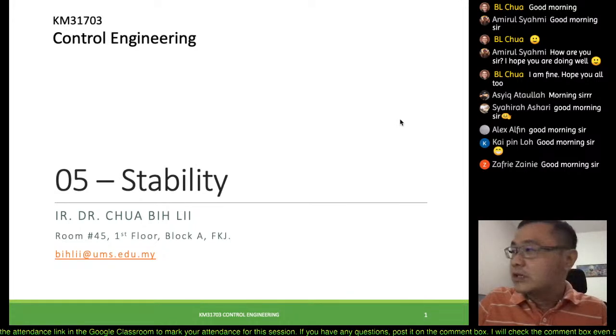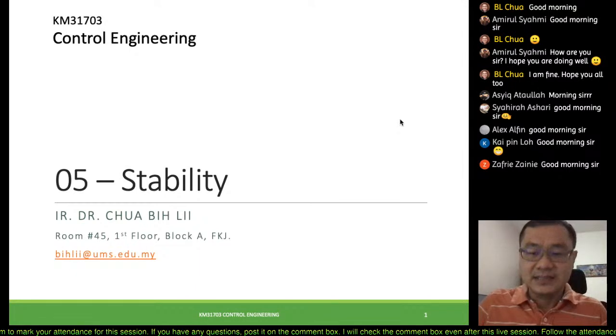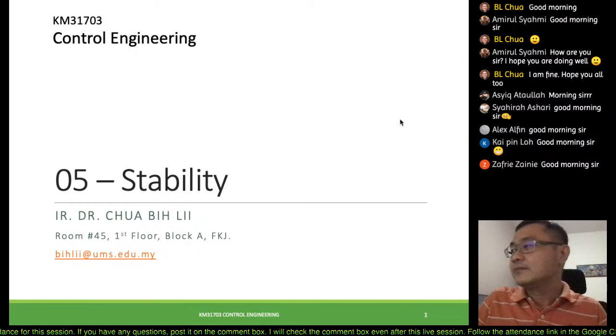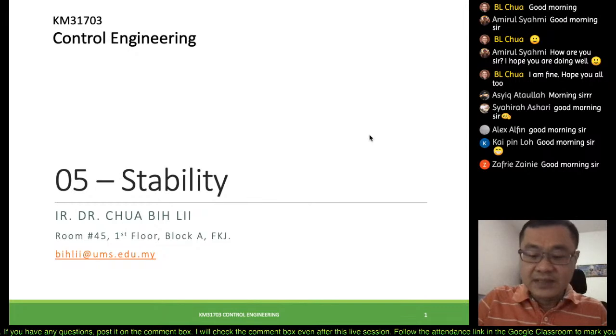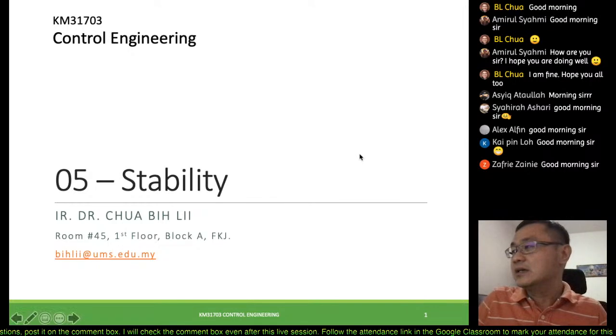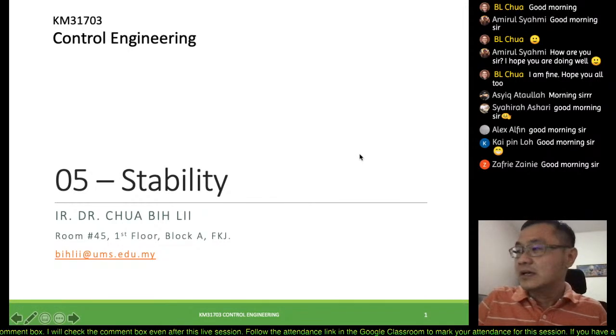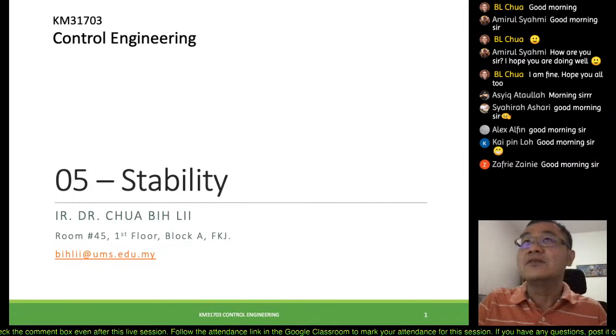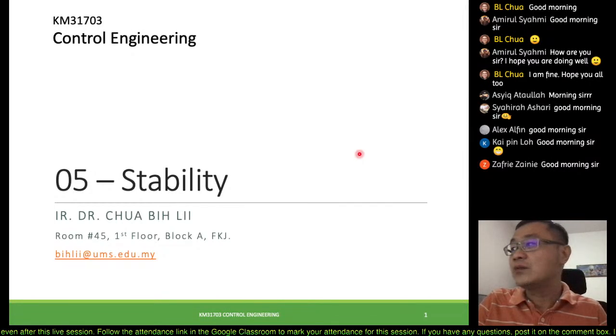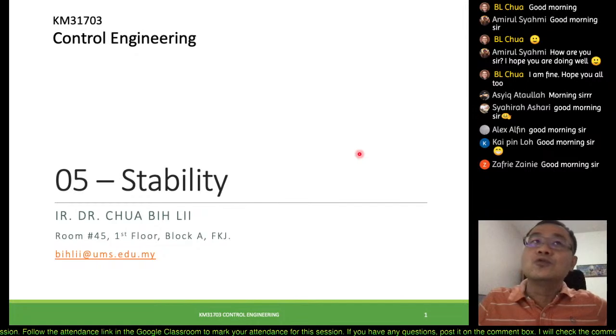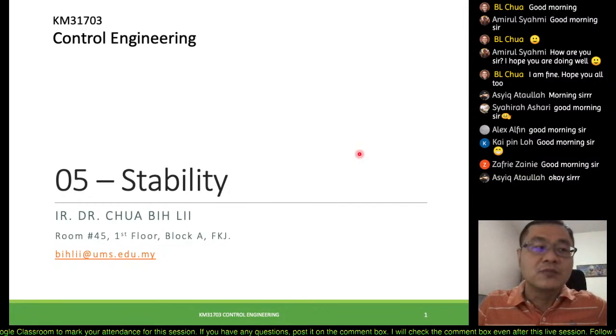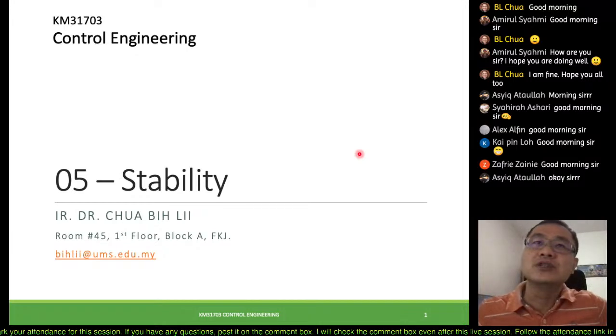This week we will enter the topic called stability. As we know previously, if you still recall for the steady state error, when we try to find the steady state error, some of the problems will always ask you to first check the stability.